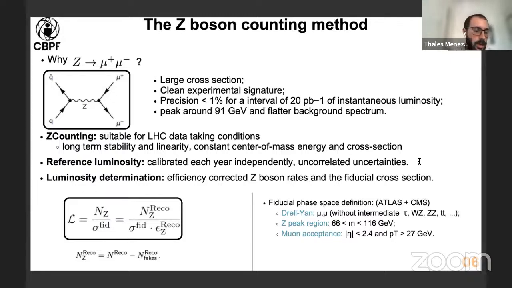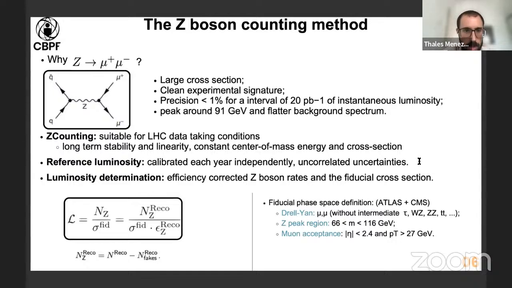And how can we determine this luminosity? With the method, we can extract the number of Z-bosons, or let's say the efficiency-corrected Z-bosons, corrected by the efficiency of the detection and the acceptance of the detector, and the fiducial cross-section of the given process. Why do we choose the Z to a pair of muons? Since it's a process that has a large cross-section and can be characterized with a clean experimental signature, with a flatter background spectrum and a peak around the Z boson mass.